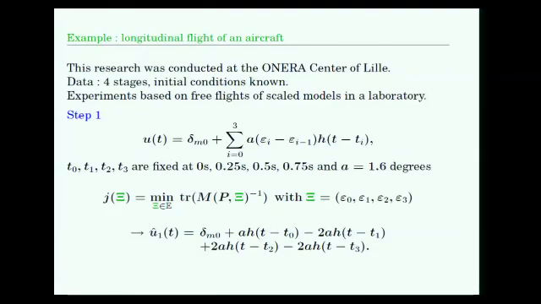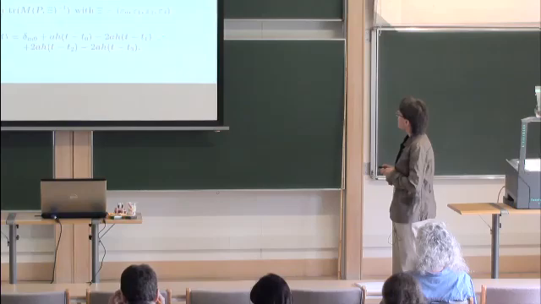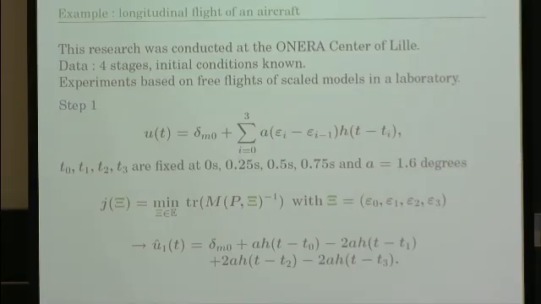Thus, for 4 stages, we must test this input. In 1 second of test, the variables T0, T1, T2, T3 are given here. And I suppose I have a constraint on the amplitude of the square wave, A. A must belong between minus 1.6 degrees and plus 1.6 degrees.